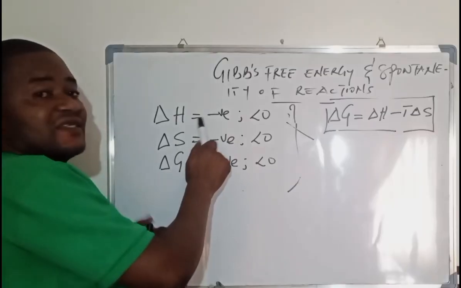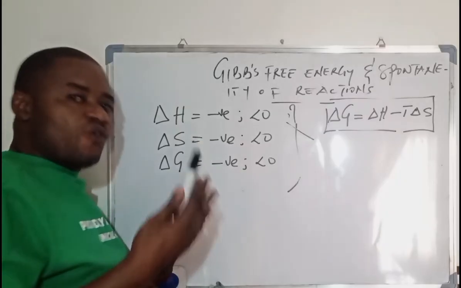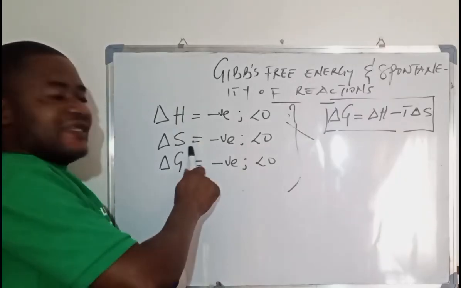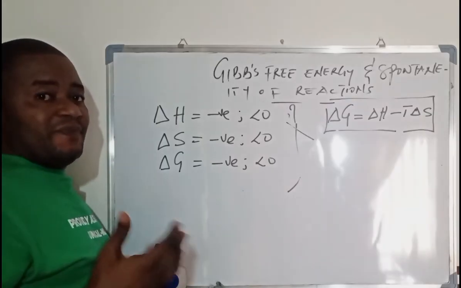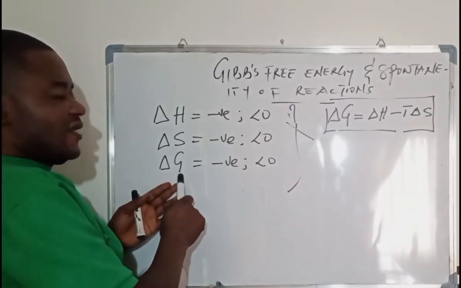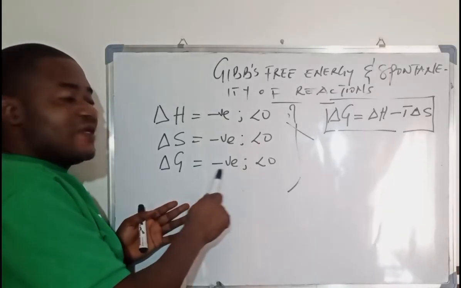So a reaction that is exothermic, leading to a reduction in the degree of disorderliness of that system, meaning it becomes lesser in terms of instability, is going to cause the delta G, the free energy, to be negative.